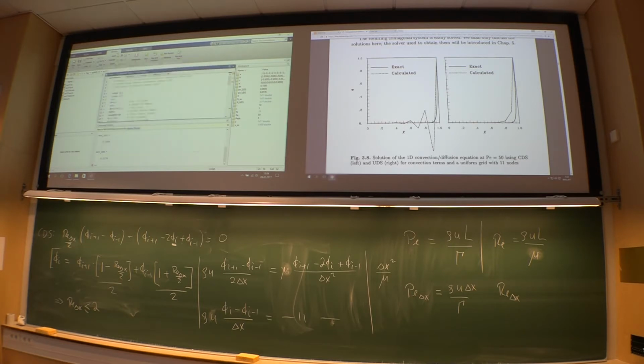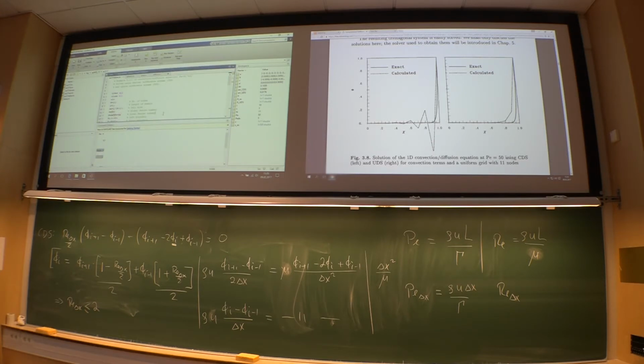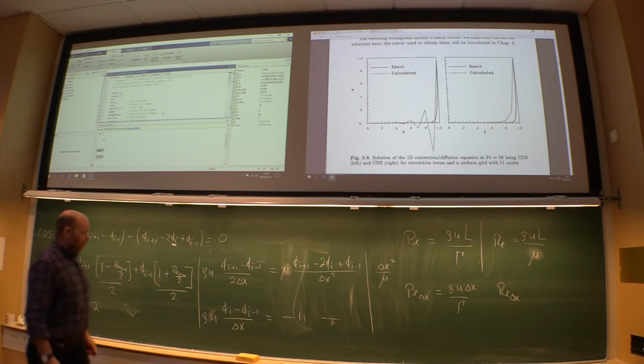You just multiply with delta x, and then you have the local cell Peclet number, and you see it is 5. So we have violated this criterion. It is 5, so no way it's going to be stable. And indeed it wasn't.